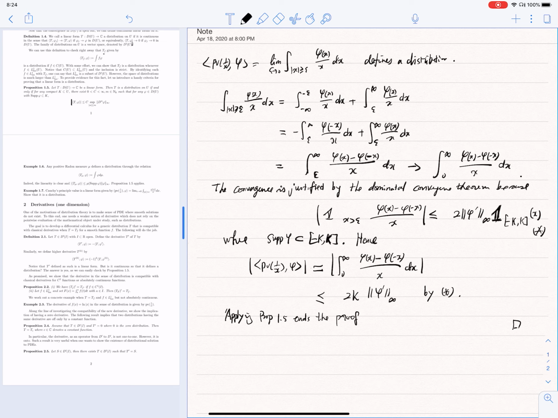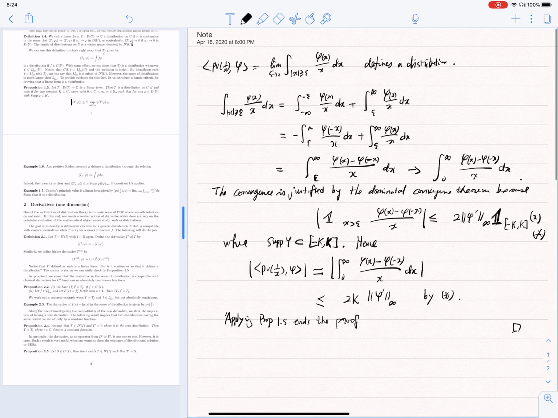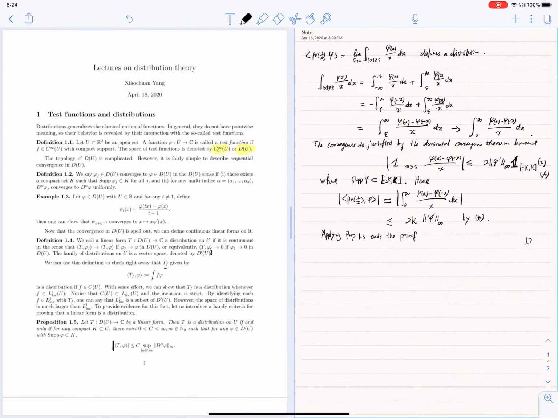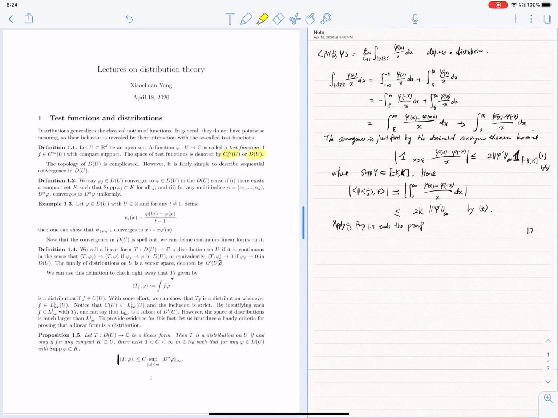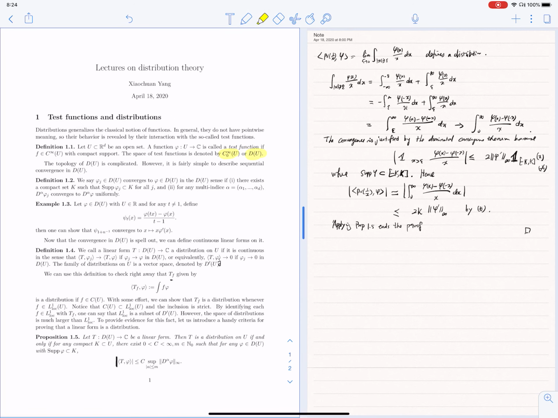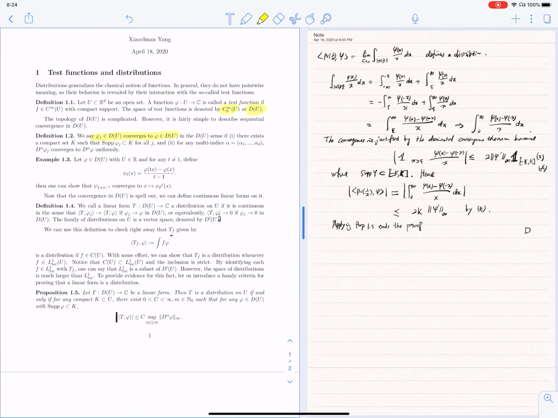So this is it. This is the first section, where we have introduced the notions of, let me recap. The important notions in this first section are the definition of a test function, the space of test functions, and the convergence of test functions. And then the notion of a distribution, which has to be a linear form and continuous in some sense.